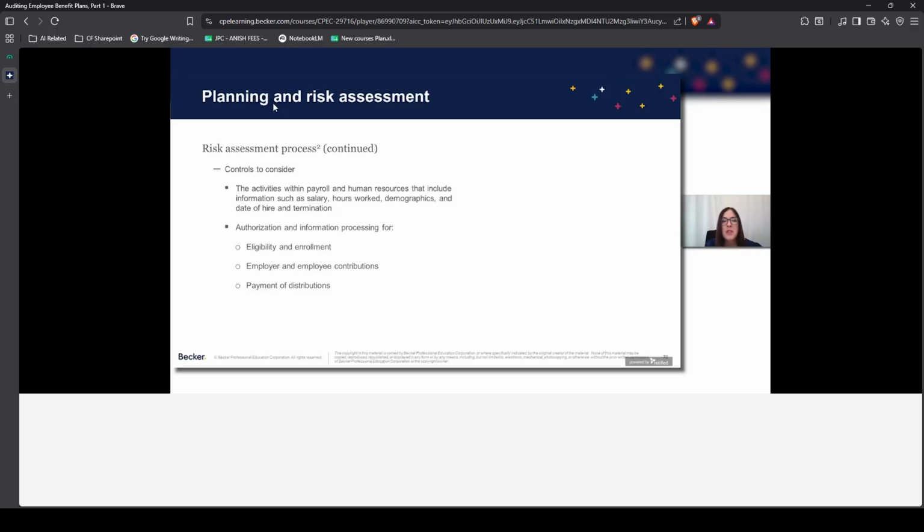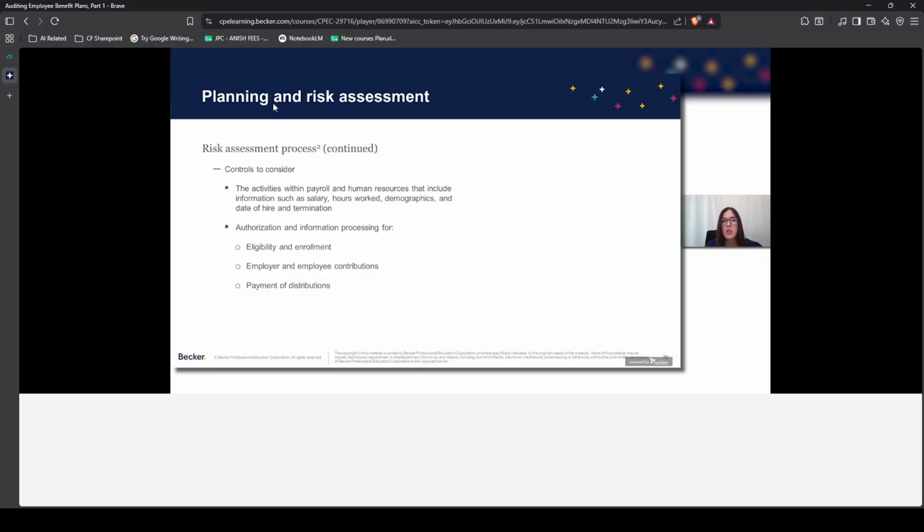This is coming back to what I was just referring to when it comes to the payroll. The activities within payroll and HR surrounding information associated with salary, hours worked, demographics, date of hire, termination, all of that has a direct impact on the plan's operation and administration.